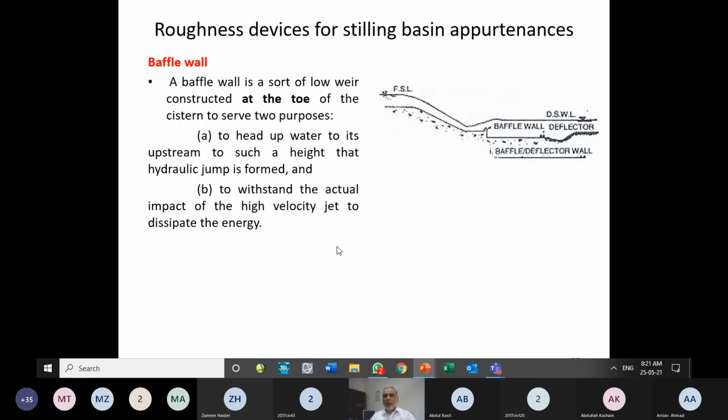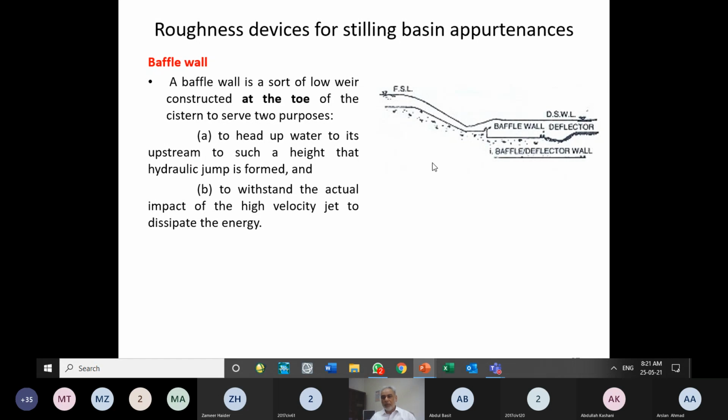So I have already explained that a baffle wall is any kind of obstruction or any kind of weir which is placed at the toe of the piston to serve two purposes. One is to withstand the actual impact of high velocities and to reduce those velocities, to dissipate them. And the second purpose of this baffle wall is to give some increased depth of water over here in the cistern.